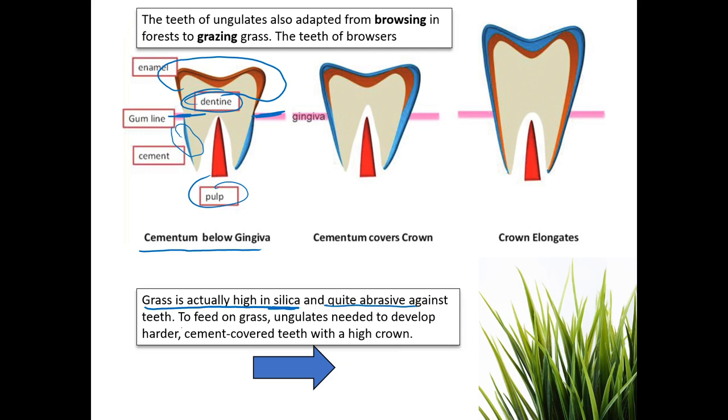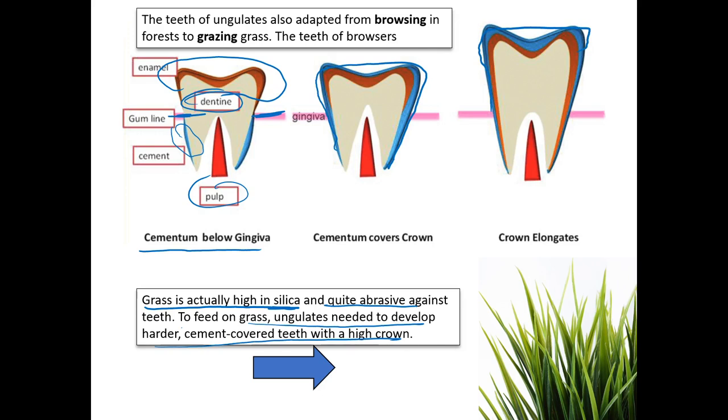It becomes abrasive to defend itself from being eaten, right, by ungulates. So to adapt to that, the ungulates needed to develop a harder cement-covered tooth with a high crown. So you'll notice that the cement comes up and covers the entire tooth now, and the crown gets very, very high. And the reason the crown gets very, very high is so that it can wear down.